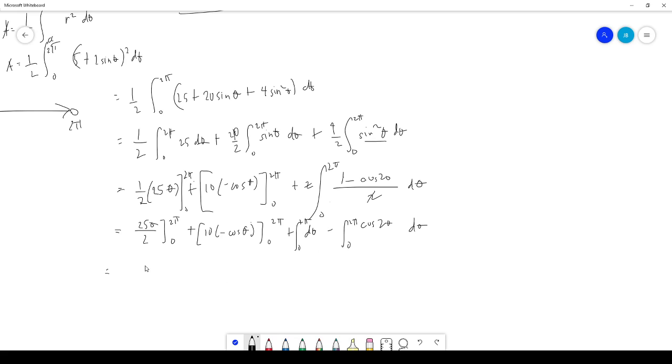Okay, so again, let's write them all together. Let's change the values of theta into 2 pi and 0 later on, all together. So from 0 to 2 pi, copy this again.